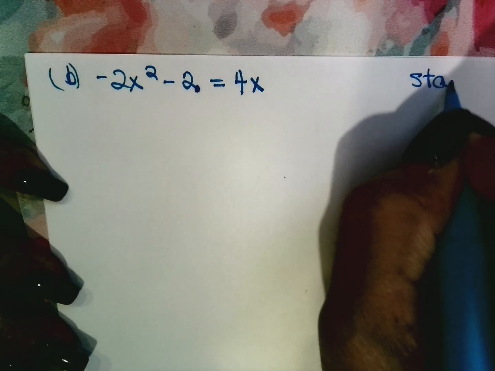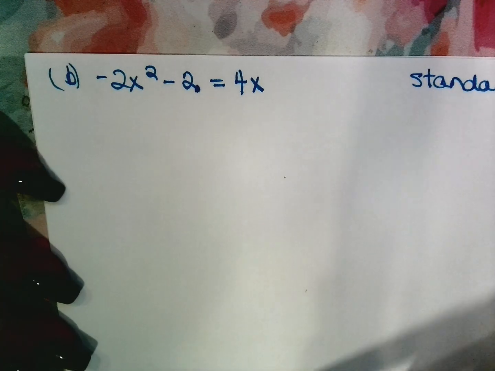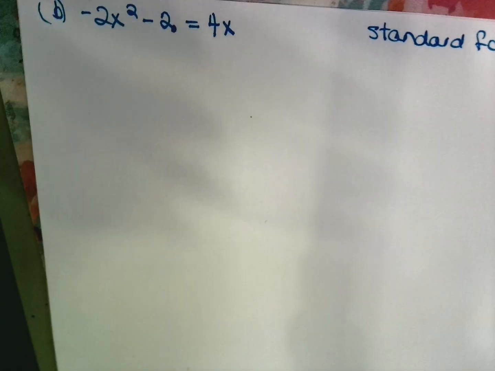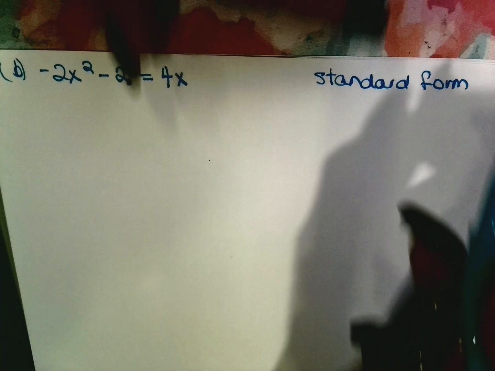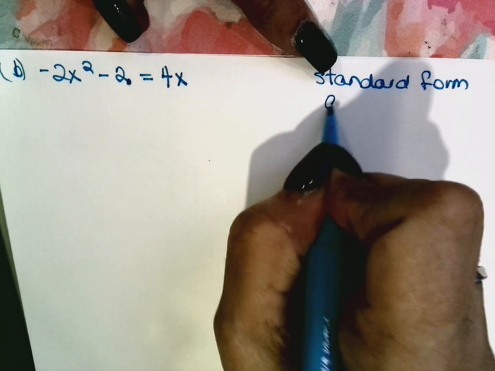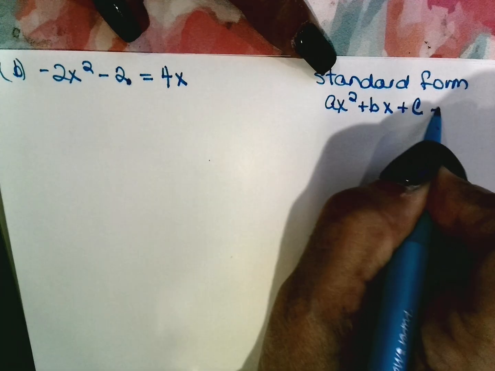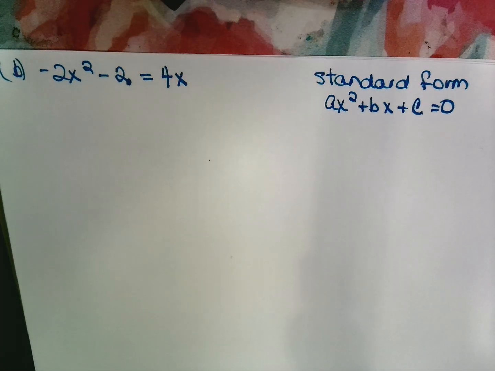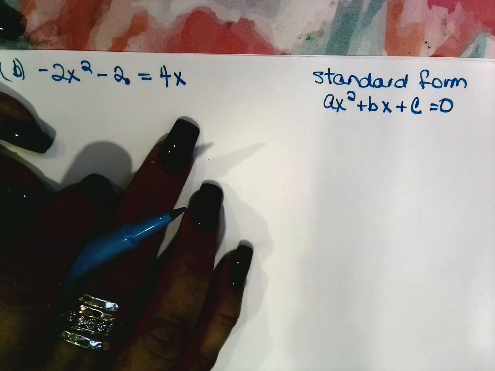So the standard form of a quadratic, if you remember, is ax squared plus bx plus c equals 0. So we're going to want to move everything to the left and get 0 on the right.